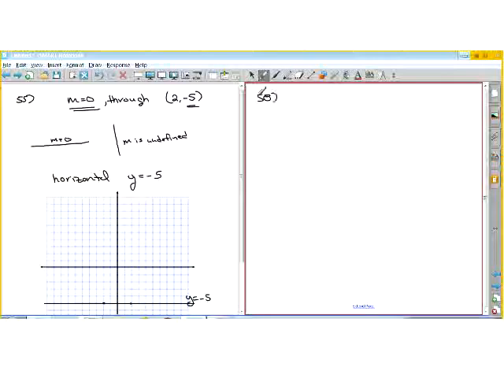Okay, then we have 58, which has an undefined slope. So we said undefined slope means vertical line.